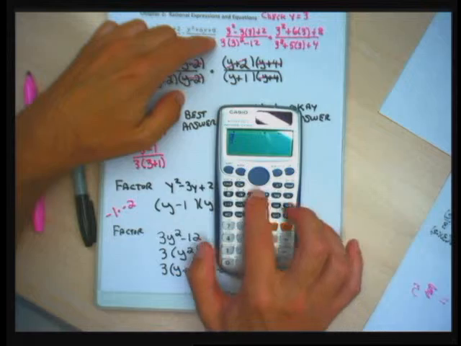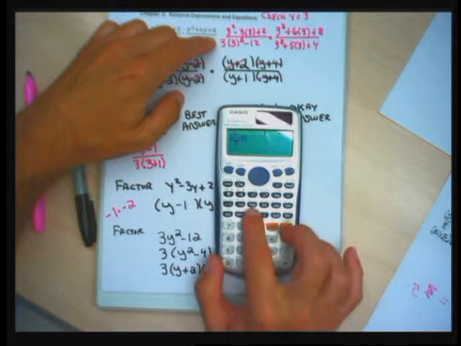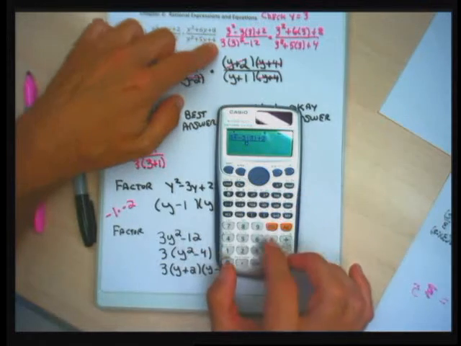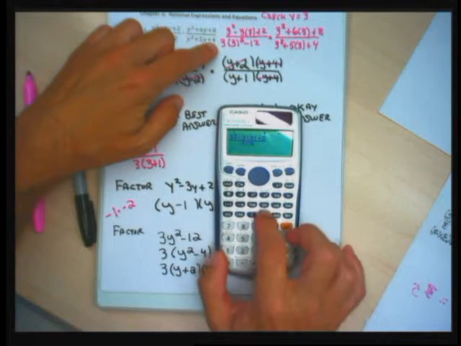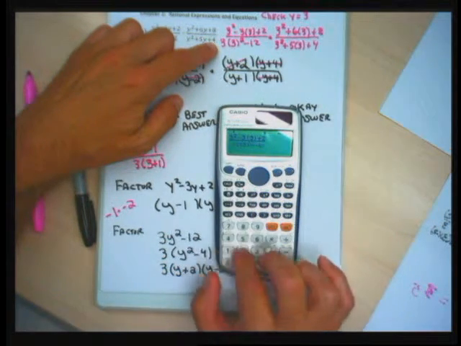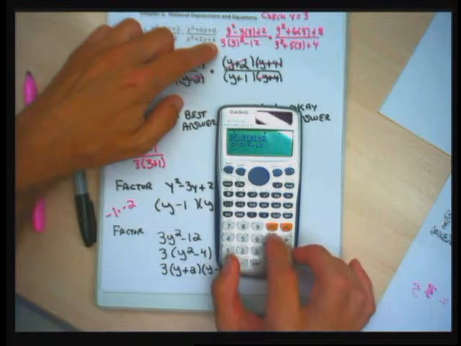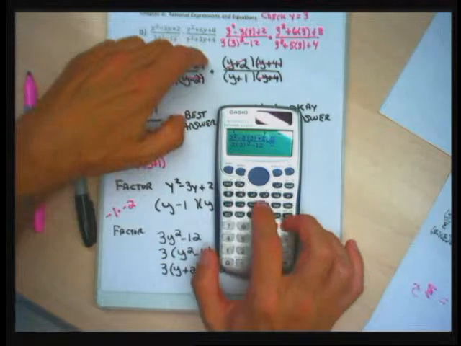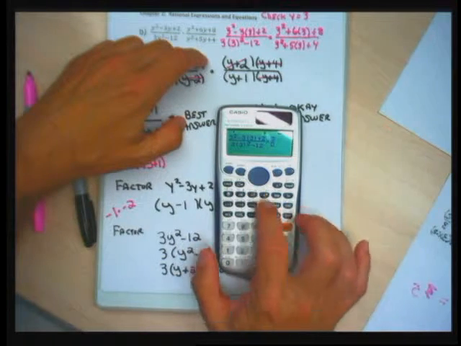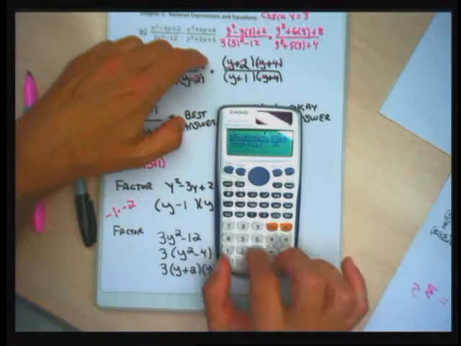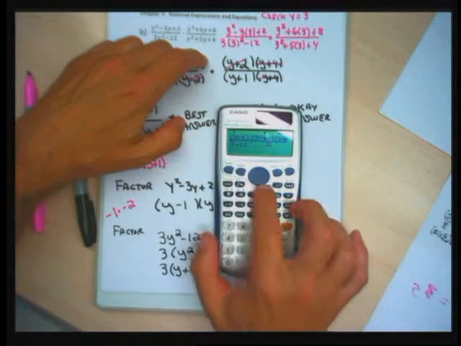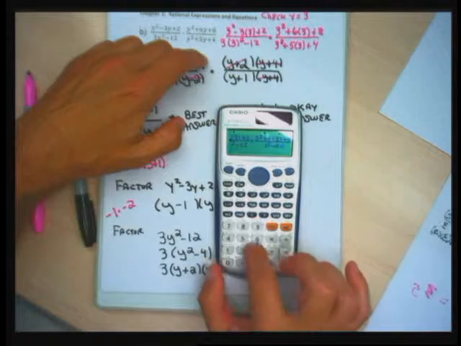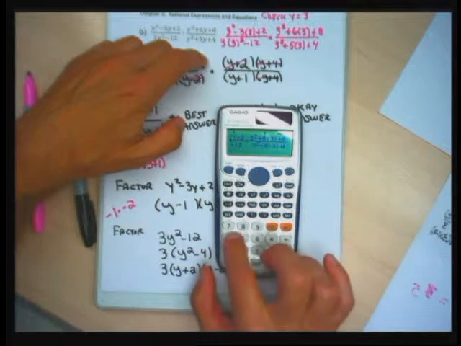Fraction 3 squared minus 3 times 3 plus 2 over 3 times 3 squared minus 12, arrow out of that, times fraction 3 squared plus 6 times 3 plus 8 over 3 squared plus 5 times 3 plus 4.